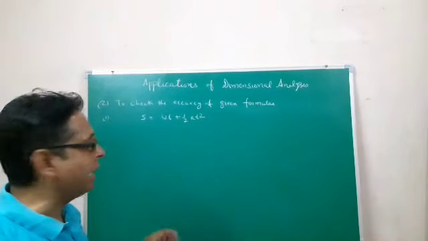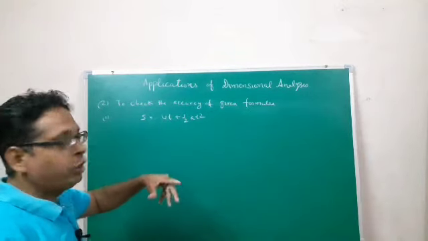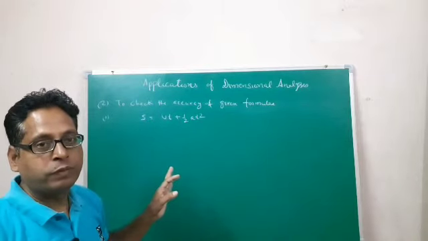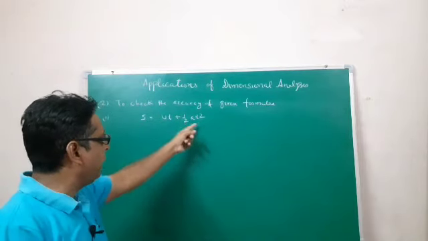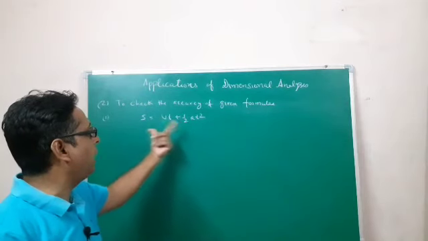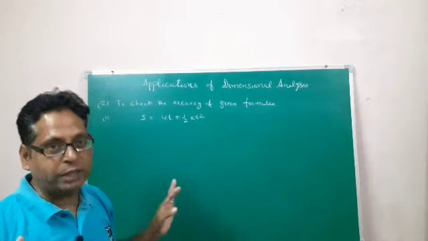I have to check its correctness, right? So what I will do, I will write the dimensions of the left hand side and I will again write the dimensions of the right hand side. If both are equal, then that means the given formula is correct, right?